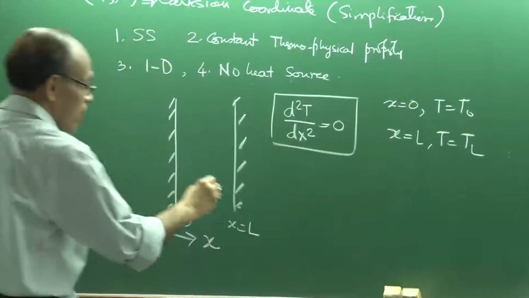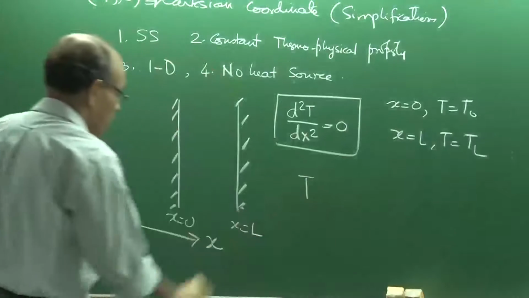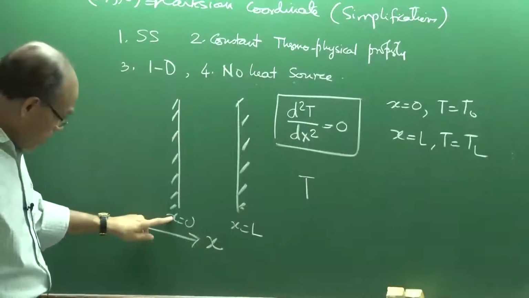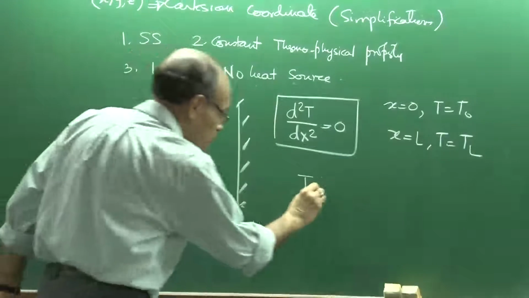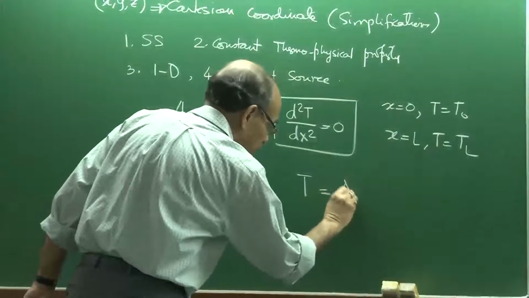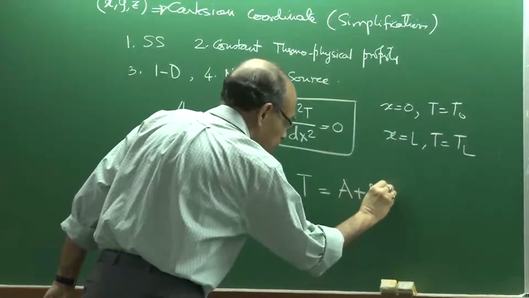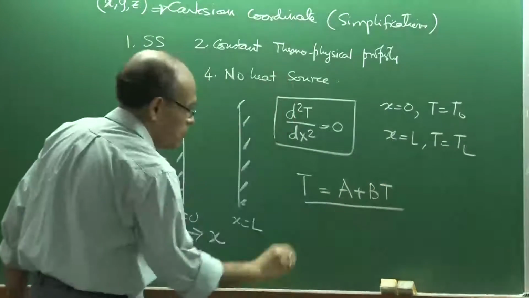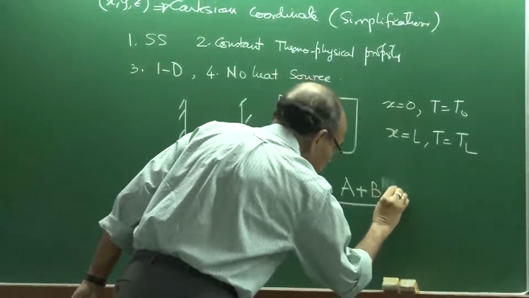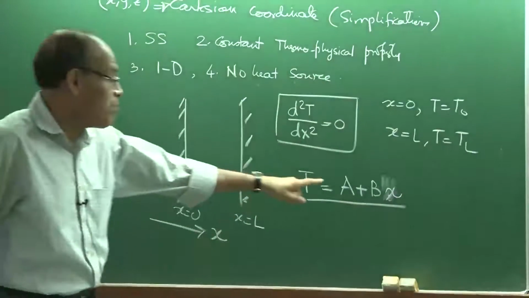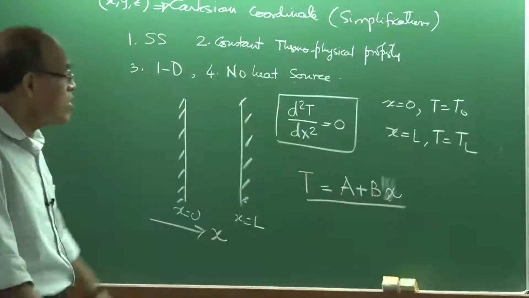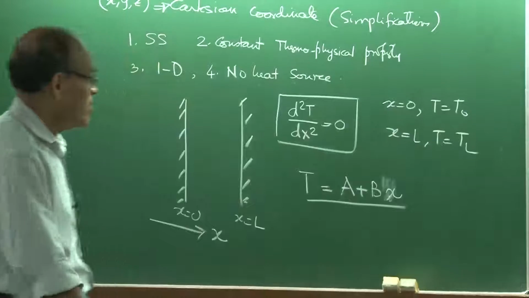The temperature between x equal to 0 and x equal to L will vary as A plus Bx in a linear fashion, in which A and B are the two constants of integration which are to be determined.